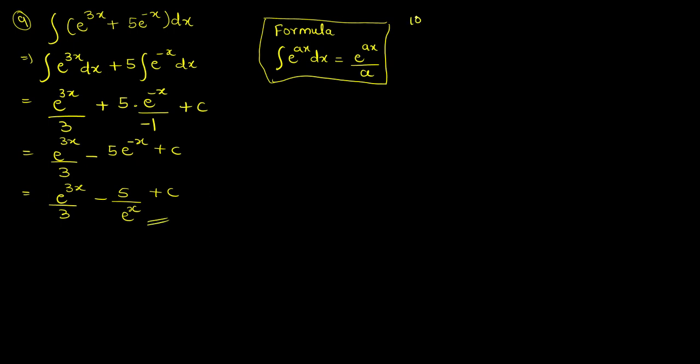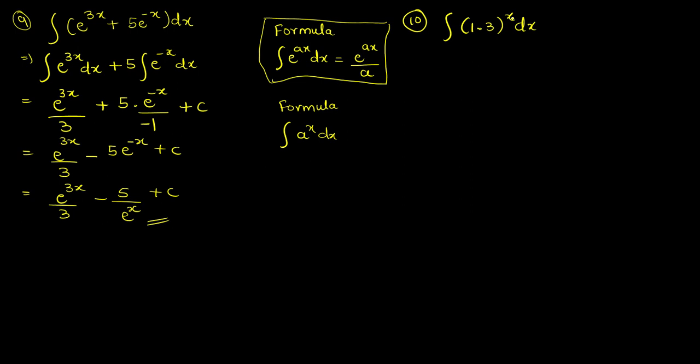Looking at the 10th example, that is integral of 1.3 power x dx. So if you look at this, the formula will be, it is in the form of integral a power x dx. What is a? a is any number.